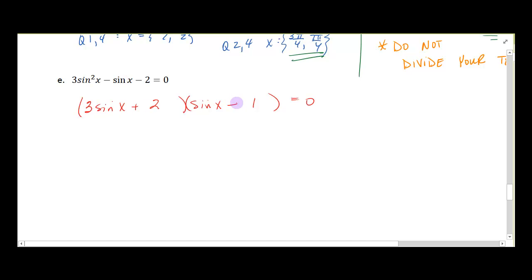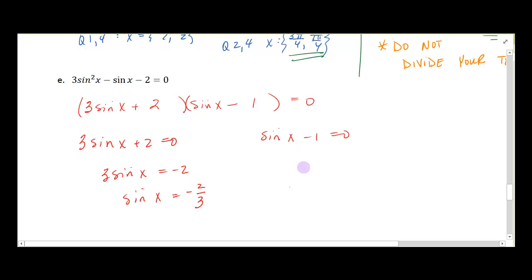Now let's set each of these two terms equal to 0 and solve. So 3 sine x plus 2 equals 0, as well as sine x minus 1 equals 0. The left-hand equation looks like 3 sine x is negative 2. Therefore, sine x is negative 2/3.